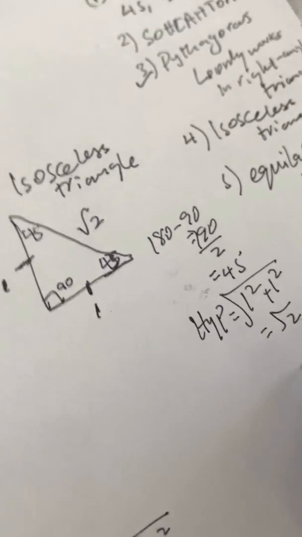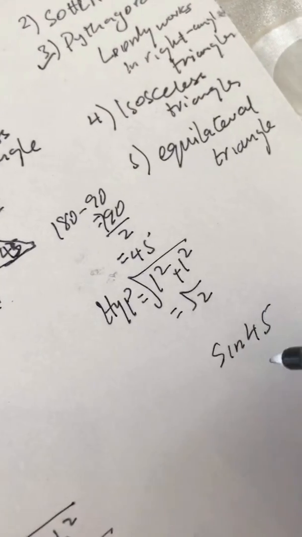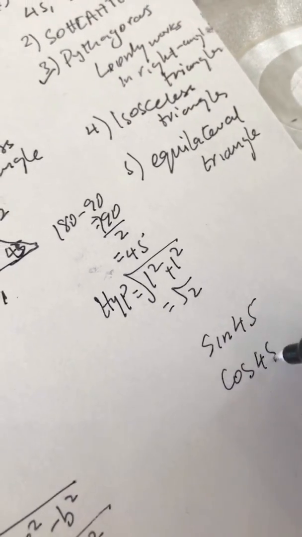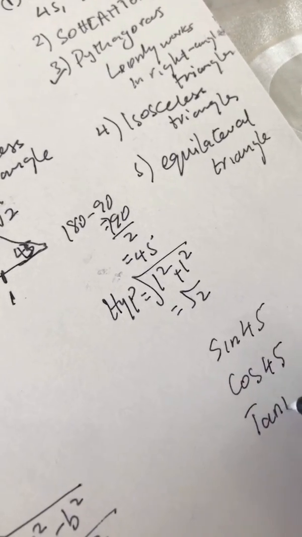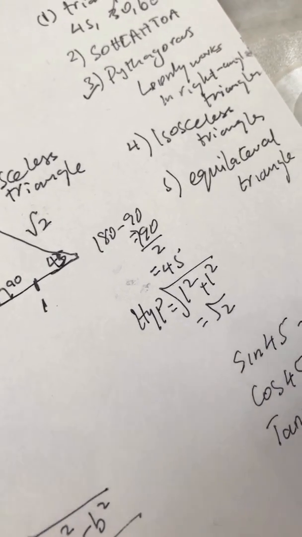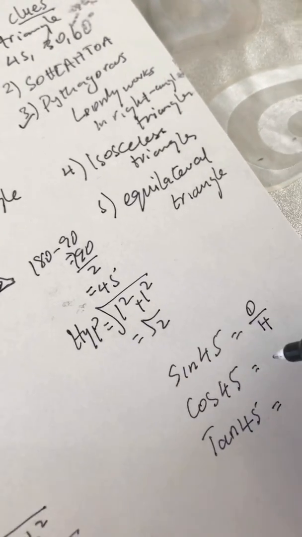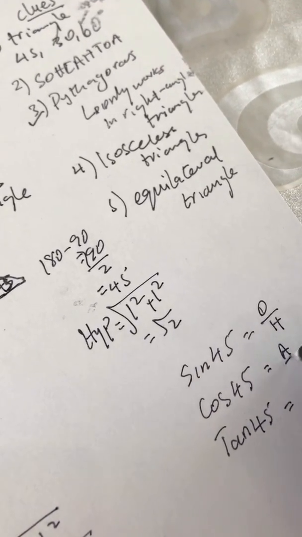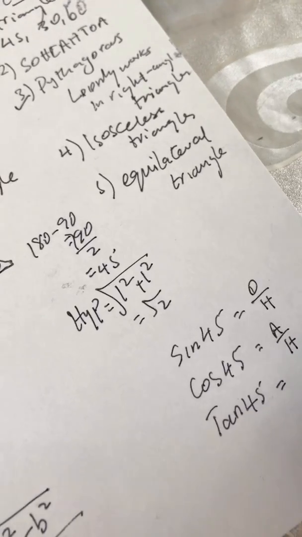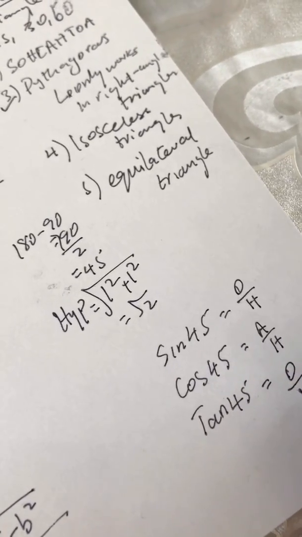So if we do sine of 45, cos of 45, and tan of 45, we know sine is opposite over hypotenuse, cosine is adjacent over hypotenuse, and tangent is opposite over adjacent.